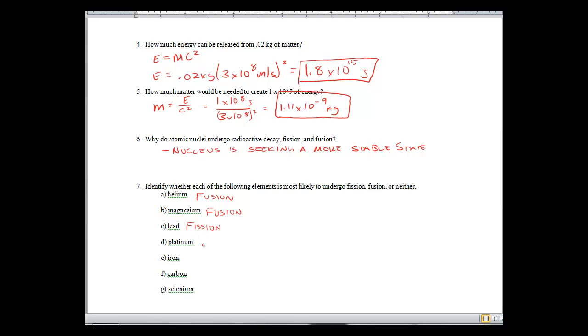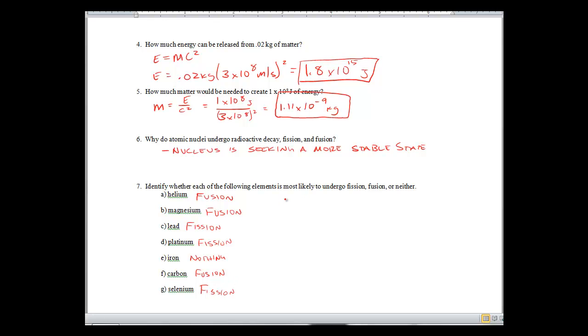Platinum, heavier than iron, more likely to undergo fission. Iron is very stable, so nothing's going to happen. Carbon, lighter than iron, lower number on the periodic table, fuses. Selenium, heavier than iron, fissions. It's going to break apart.